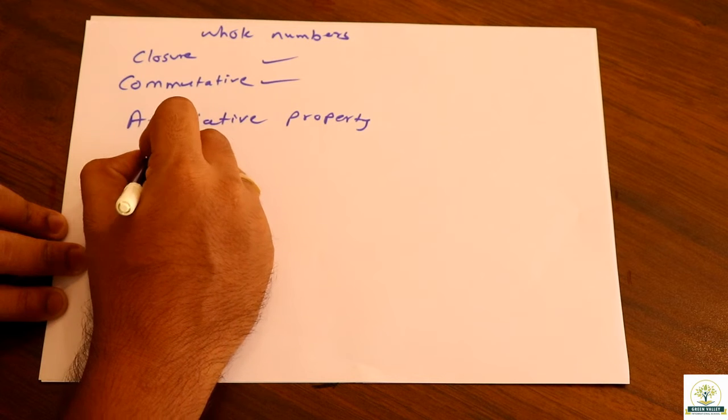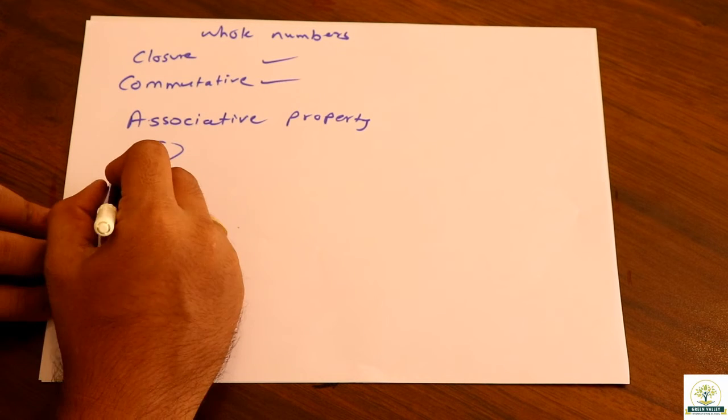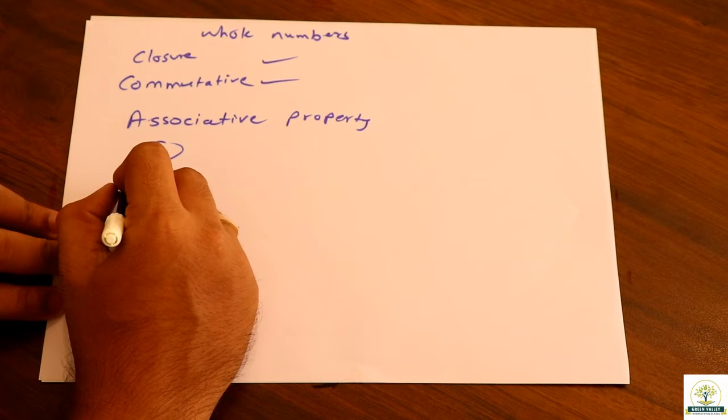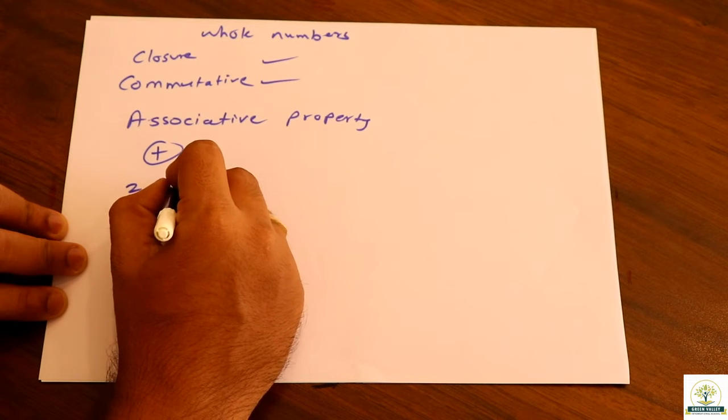For example, if I check for addition, if there are 3 whole numbers, suppose 2, 3 and 5.